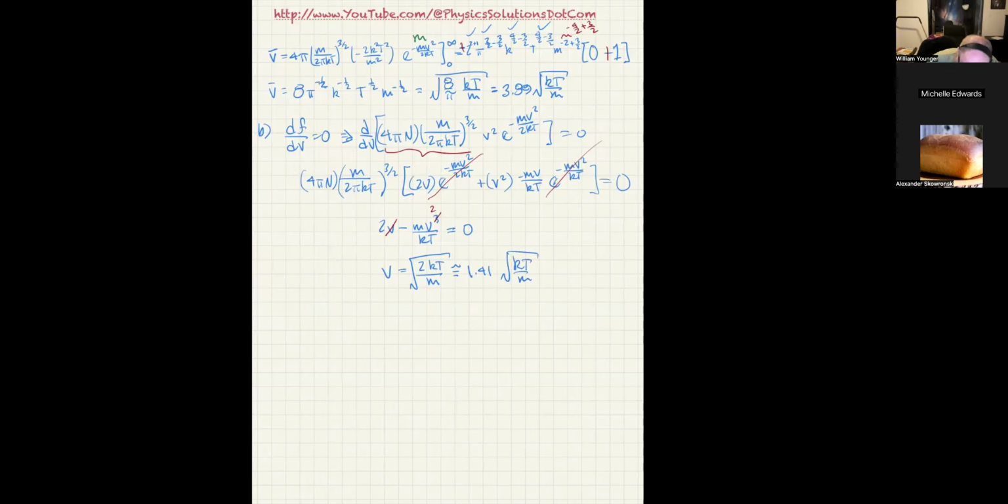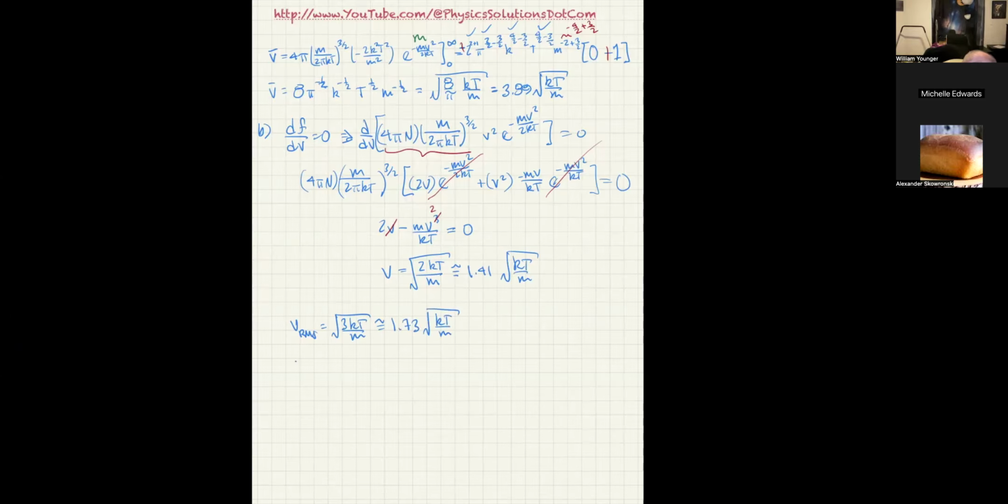So in general, what we found was v RMS is equal to the square root of 3kt over m, which is also about 1.73 times the square root of kt over m.